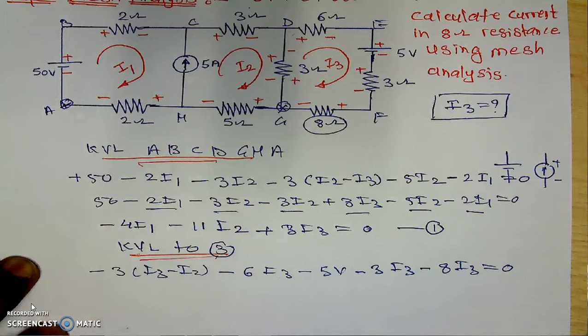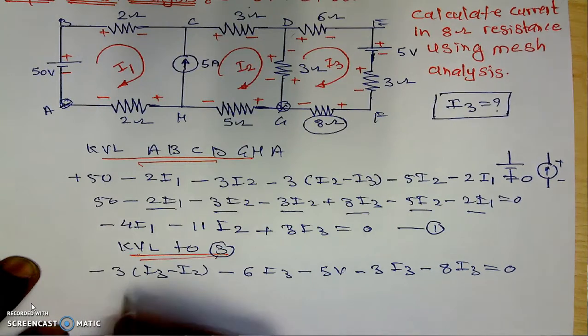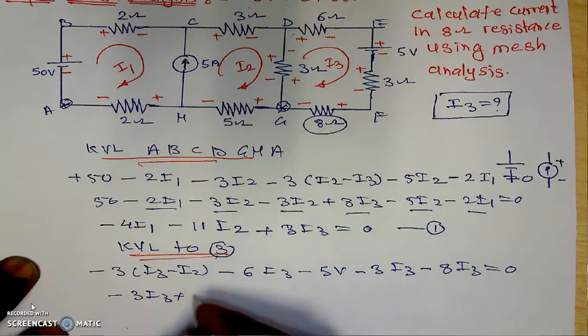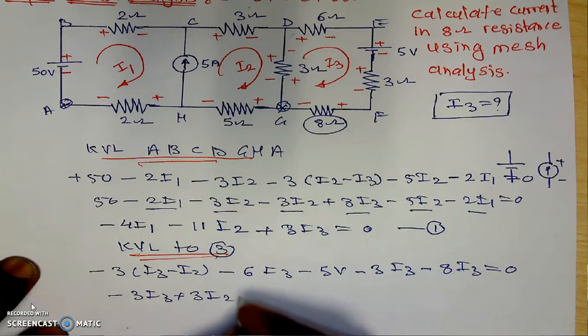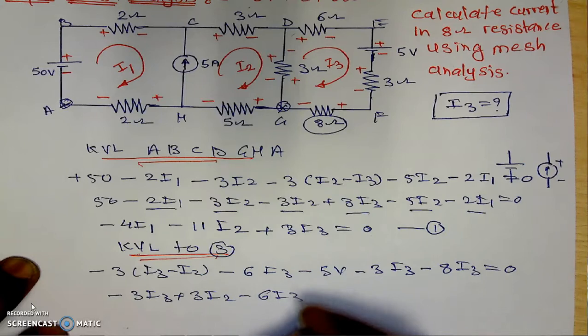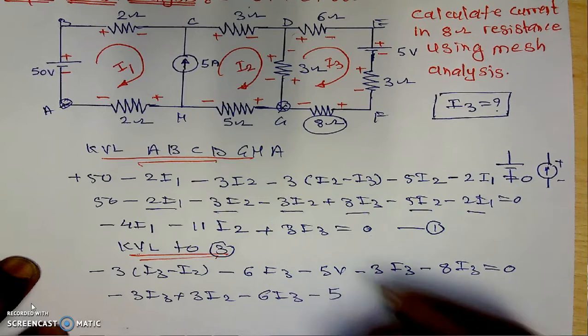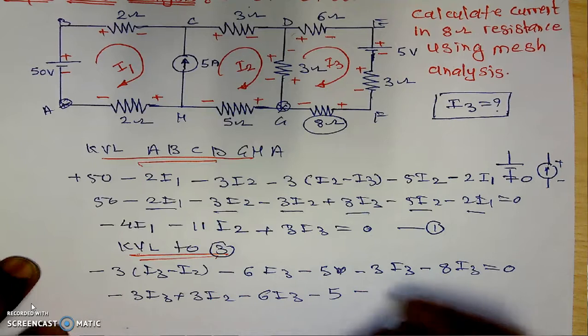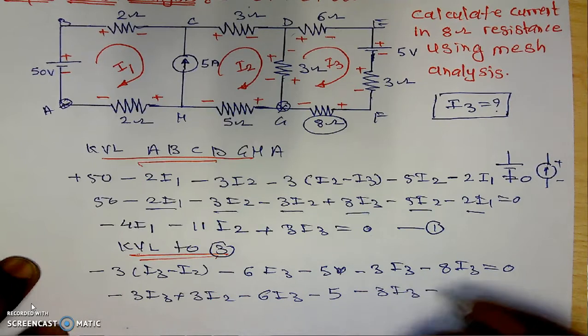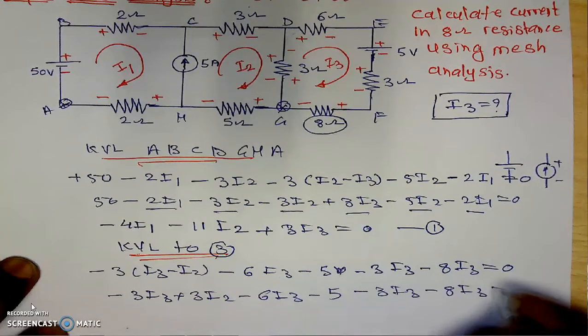If we simplify it further, it will be minus 3 into I3, plus 3 into I2, then minus 6 into I3, minus 5, then minus 3 into I3, then minus 8 into I3, which is equal to 0.